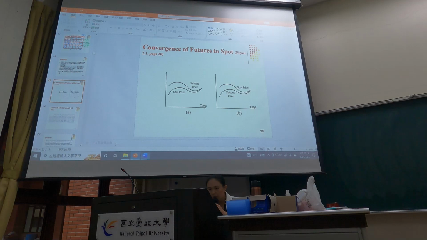That's normal, diagram A, okay? However, diagram B would imply the interest rate is negative, right? Okay, so remember this diagram actually describes what really happened in the market. So it could be possible at some time point, you observe that S0 is higher than F0, and that normally would appear in the consumption asset.